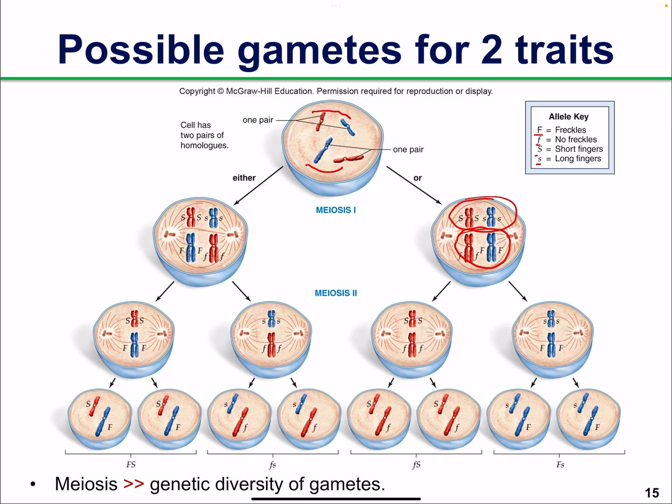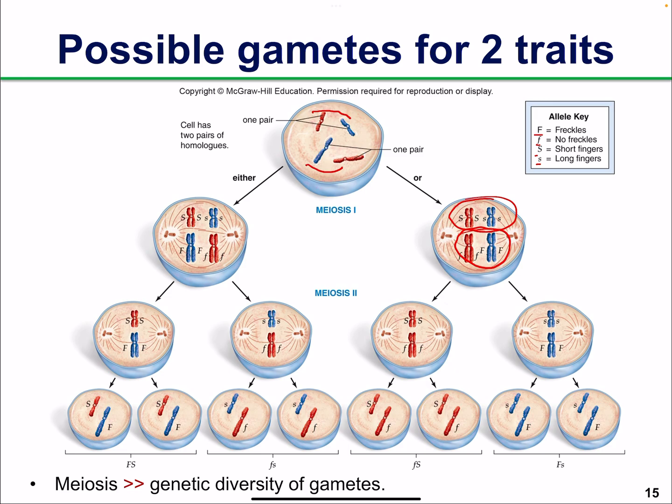Now, during meiosis, how the homologous chromosomes line up on the equator line is going to determine the genetic diversity, right? So, assuming that we are not taking into account crossing over here, that's the assumption we're going to start with. We are going to say the following.